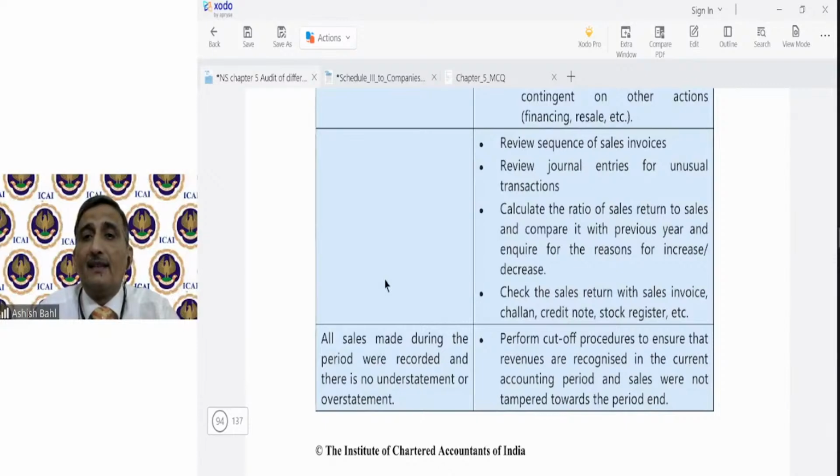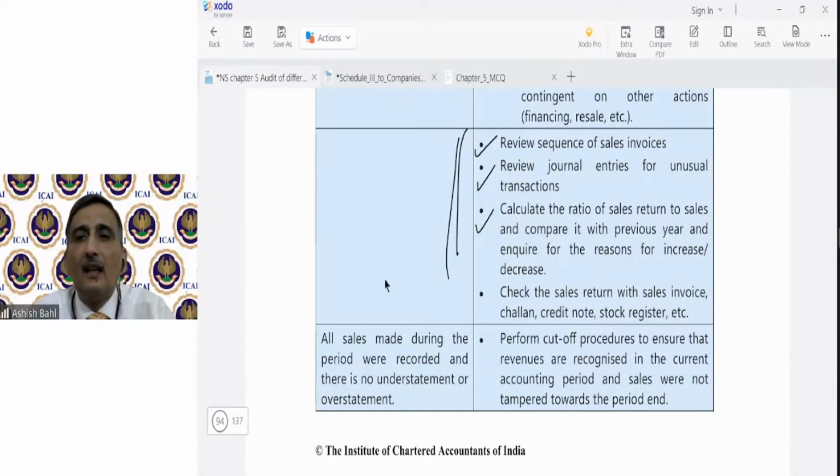Calculate ratio of sales returns to sales. So all the usual things, all the common points which you would see. So if there are sales returns, what were the sales return in the preceding period, and compare if sales return in the current period is higher, then what is the reason of it?